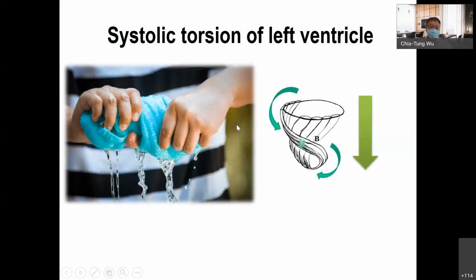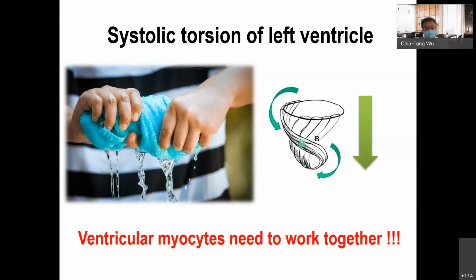Just like when we squeeze a towel, our right hand and left hand force in different directions. So the point is that our ventricular myocytes need to work together, not one by one, not from left to right or from right to left. Every myocyte needs to work together.